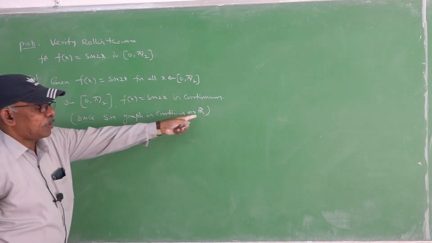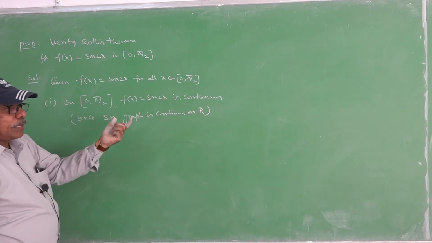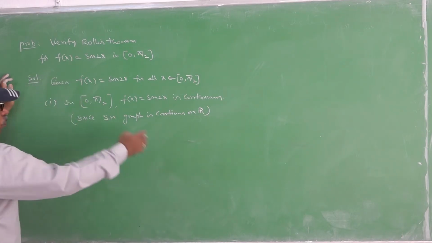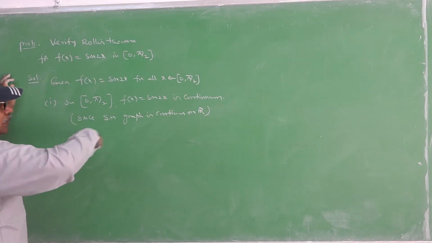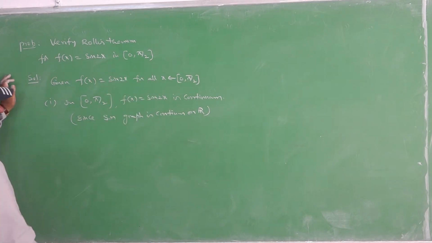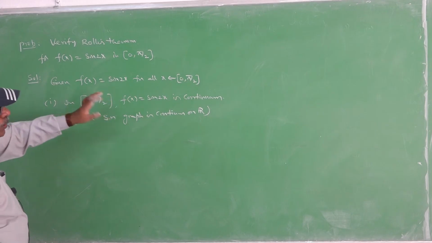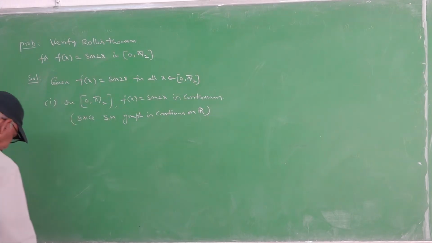This is a subinterval of R, particular values of R, real values. So on the set of real numbers it is continuous since the graph is continuous. In the small subinterval, it is also continuous.